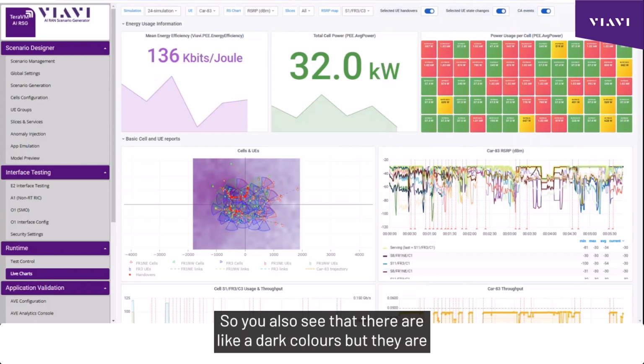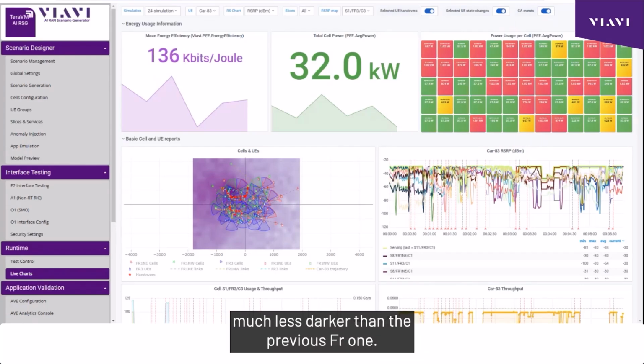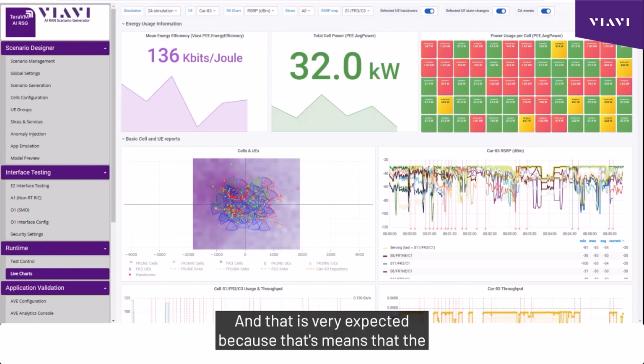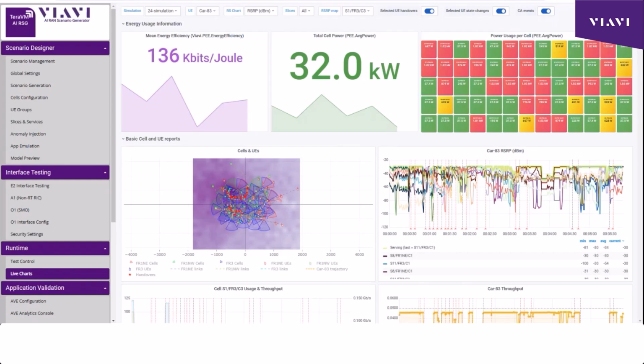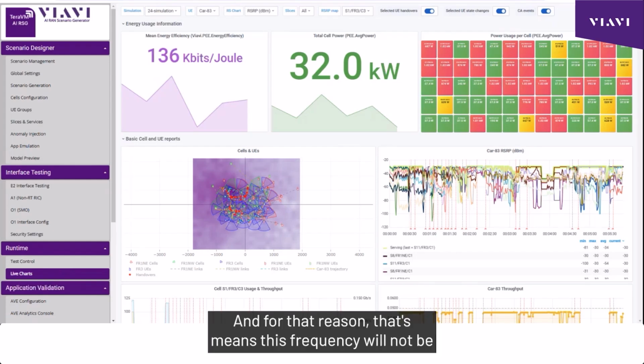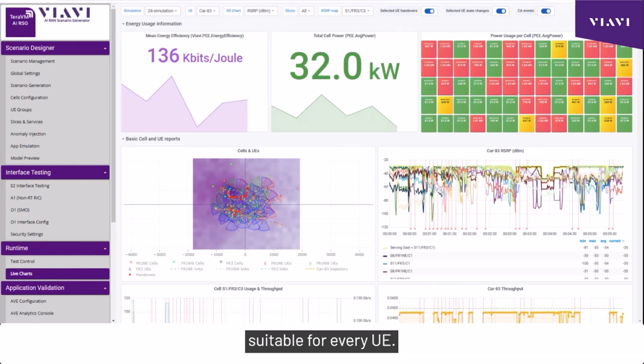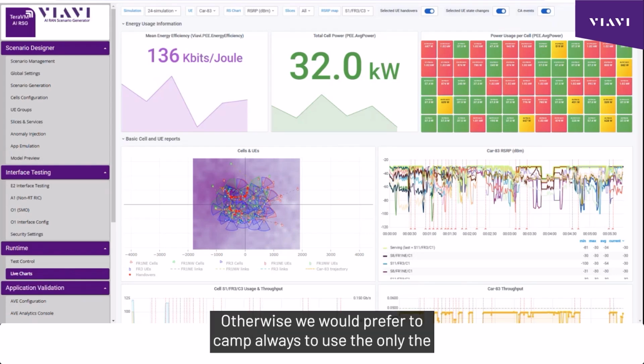You also see dark colors, but they are much less dark than the previous FR1. And that is very expected, because FR3, with 7.2 GHz central frequency, has less robust RF propagation, and for that reason this frequency will not be suitable for every UE. Otherwise we would prefer to always camp on FR3.